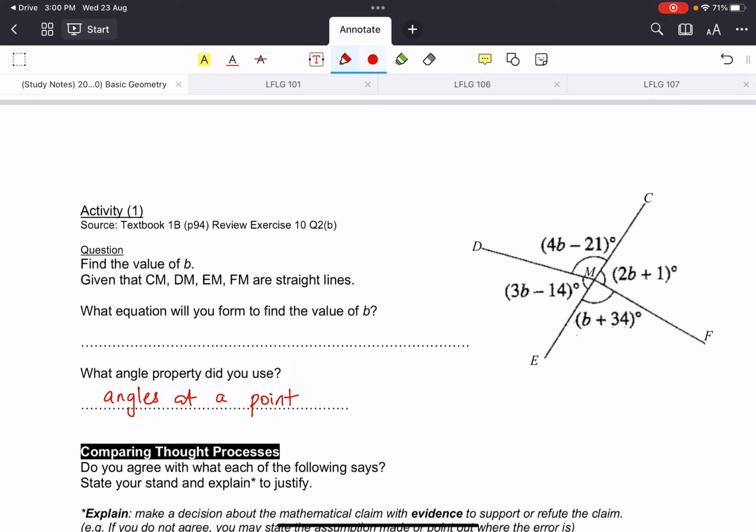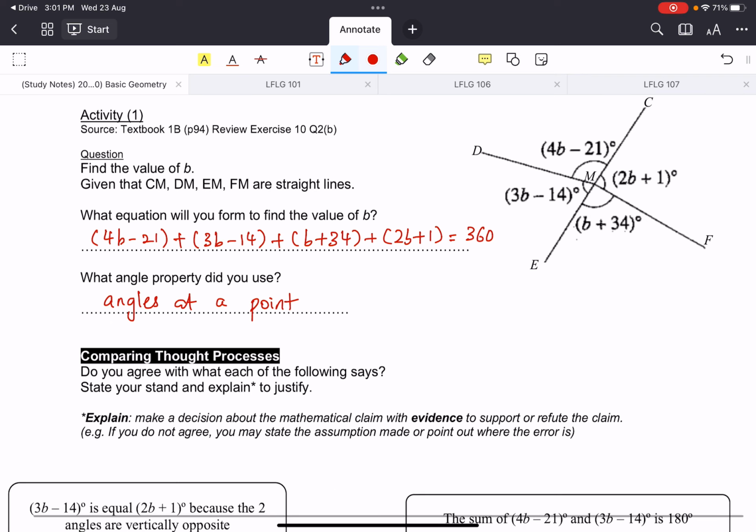If I do that, I could just add them all up: 4b minus 21 plus 3b minus 14 plus b plus 34 plus 2b plus 1. I add up all these four angles and they will add up to 360, right? So from there we can just solve this algebraic equation to obtain the value of b. Does it make sense? I hope it does to you.